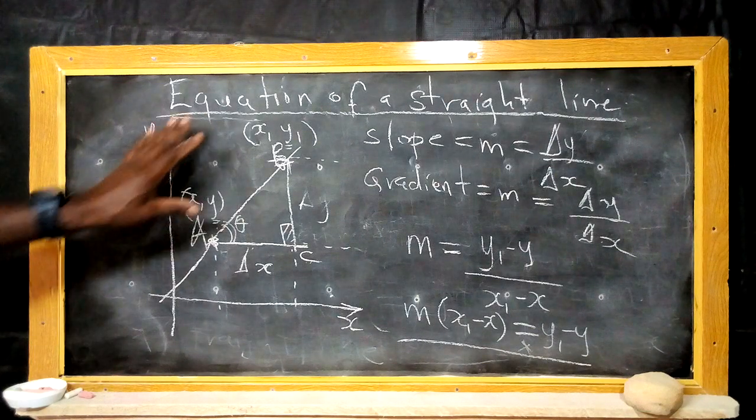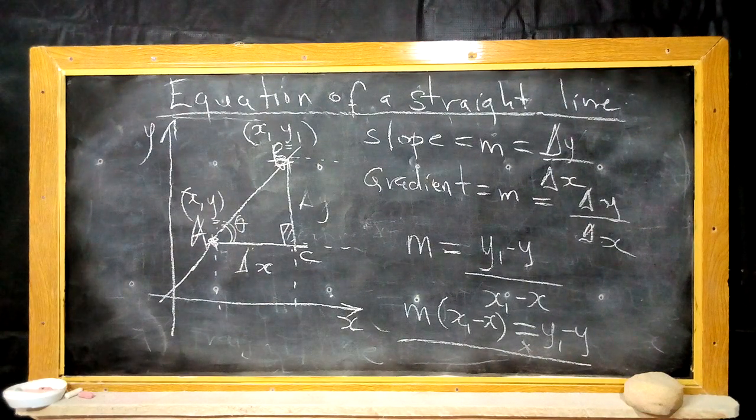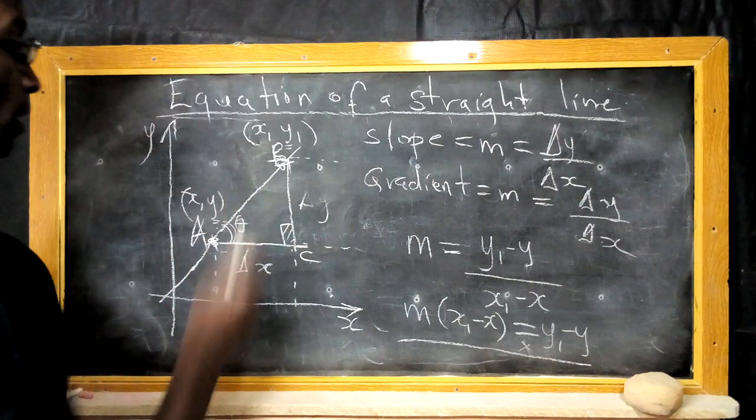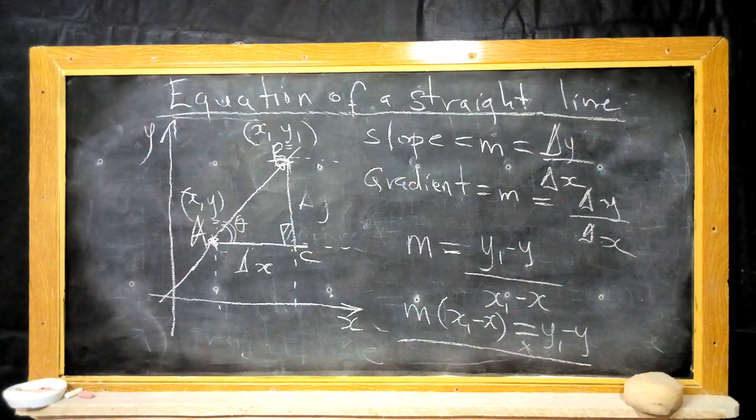So this is one of the ways in which we can express the equation of a straight line, A and B, given those two particular sets of coordinates. So given endpoints A and B, we can derive an expression of a straight line using that format.